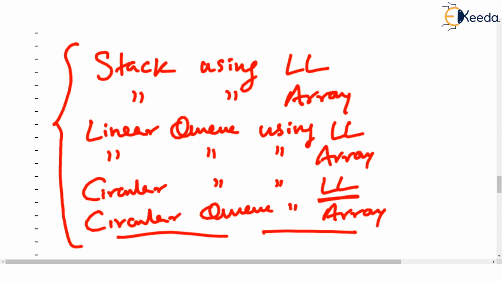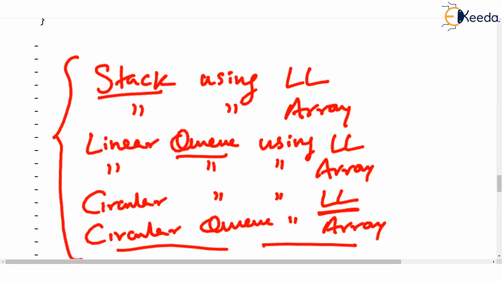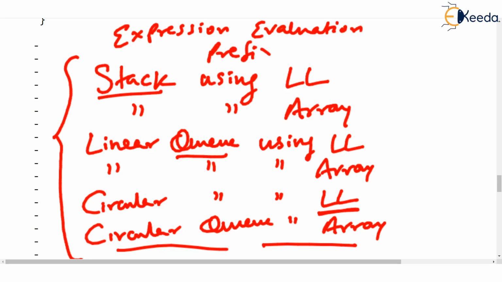And later in this course of data structures, we will see applications of stack and queue. Like there is a separate chapter called expression evaluation, where you will see what are prefix, infix, and postfix expressions. And to solve various problems on these expressions, we will make heavy use of stacks.